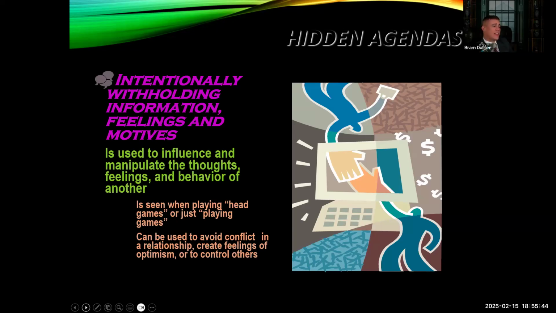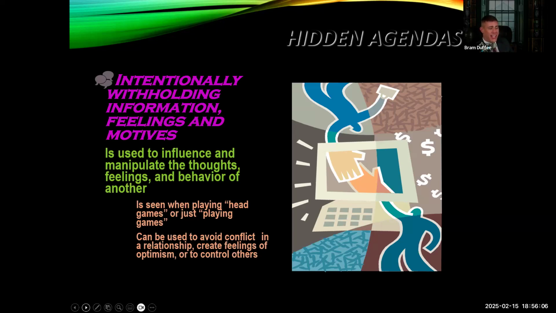And so the key message here is that hidden agendas are complex and not always malicious, but their impact on communication is a big deal. And they can sometimes create a barrier to trust, and that can prevent a genuine connection with people.